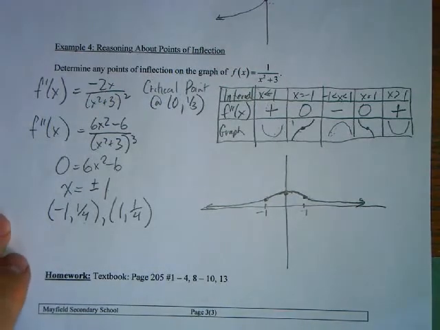Okay, so I know that's a lot of pretty tough examples to consider, especially when it's a brand new topic. So I really think it's important to try some of these questions out.